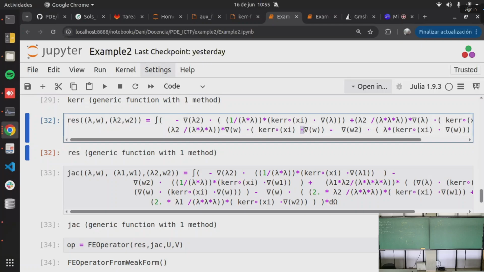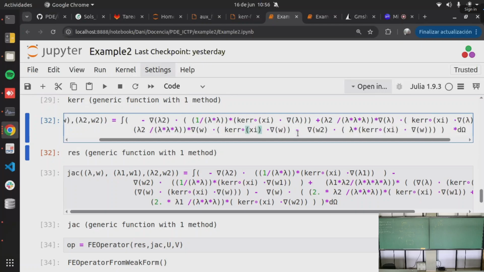And after that, I perform the matrix product. Remember that this will be a 3D matrix. So here I perform the matrix product, the contraction, exactly. And then you contract the gradient of the w, exactly. So this will be a vector field.